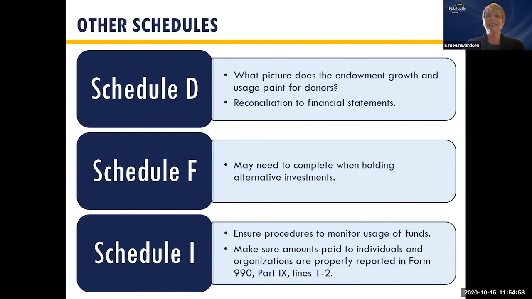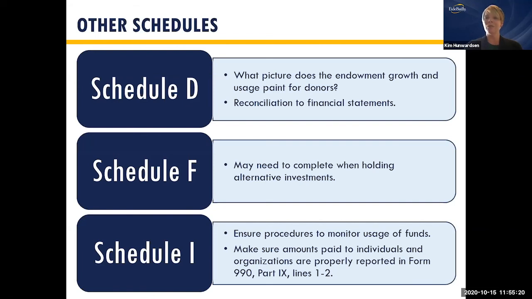Schedule I is the schedule of grants. So grants that are being made either to individuals or to other organizations. There is a part on Schedule I that requires you to describe how you ensure that the funds being provided are being used for the purpose for which you provided them.